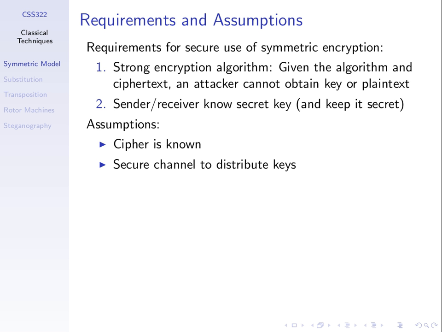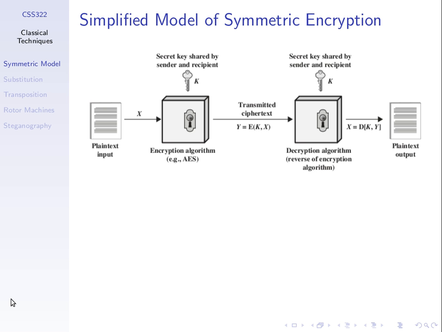So we'll assume that the attacker does not know the key. When we look at cryptanalysis, we will see how the attacker will try to determine the key. Some assumptions is that the attacker does know the cipher. They do know the specific algorithm being used. In this slide, there's an example, AES.